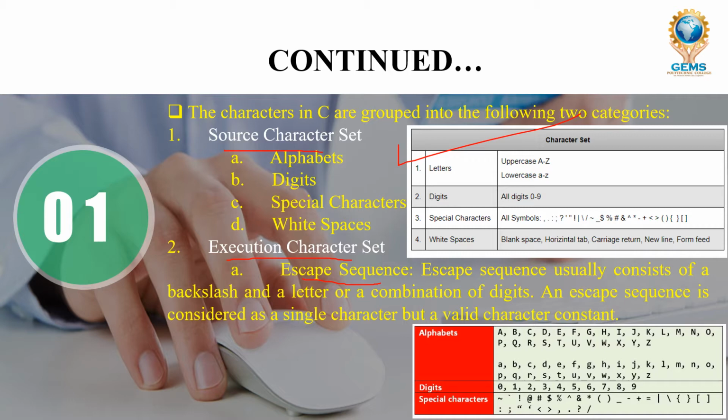An escape sequence usually consists of a backslash and a letter or a combination of digits. It is considered a single character, but a valid character constant. So we have two categories of character set: source character set and execution character set. Inside the source character set we have four types: alphabets, digits, special characters, white space. And inside the execution character set we have one, called the escape sequence.